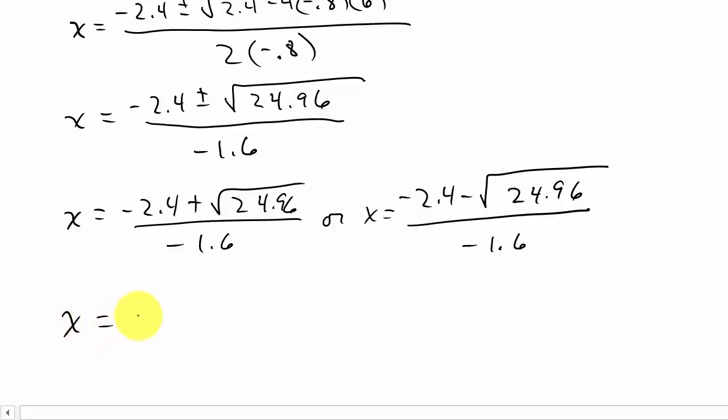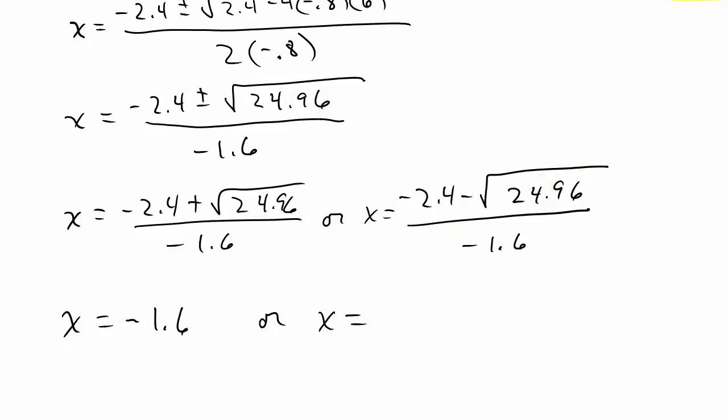For our first answer we get negative 1.6, rounded to one decimal place, or x equals, and then we punch this one into our calculator, and we get 4.6.